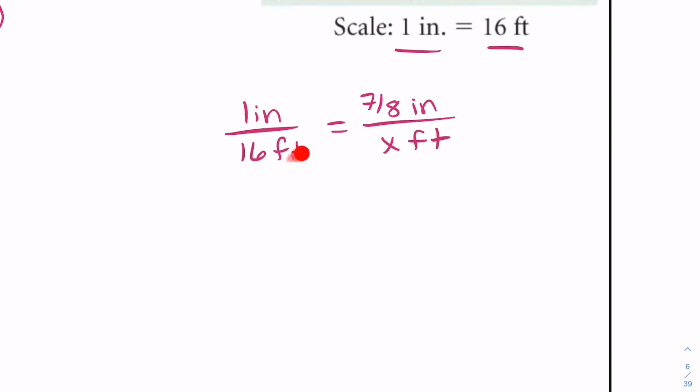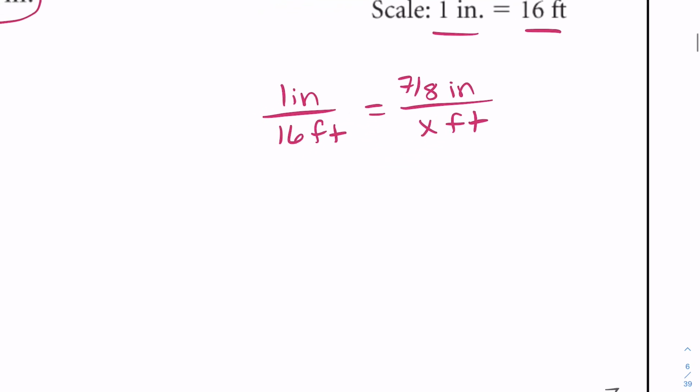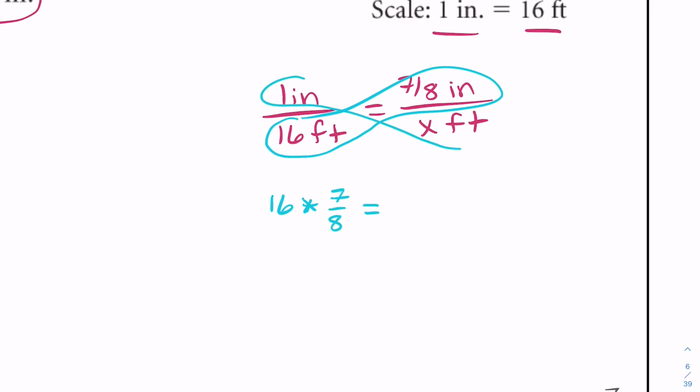So we're going to ignore the cross product of feet and inches because that would give us feet-inches, which aren't really a thing. But as long as we know our result is in feet, let's check this out. So 16 times 7/8 is equal to 1x, or in this case, just x.